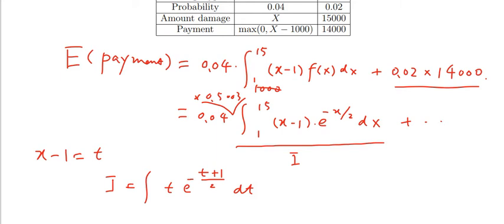Then t from 0 to 14, right? We also can take this half outside, so let's say negative half. So this becomes 0 to 14, negative t over 2.